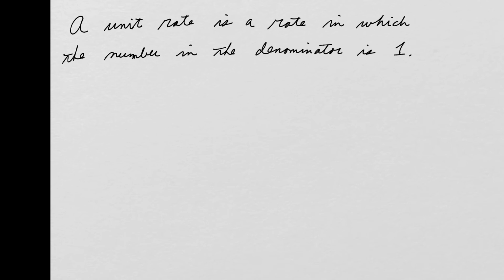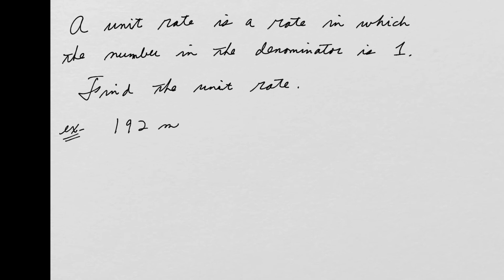Okay, so how do we do that? Well, basically we have to divide out. So I'll do a few examples where we want to find the unit rate. Let's say we're given 192 meters in 6 seconds.